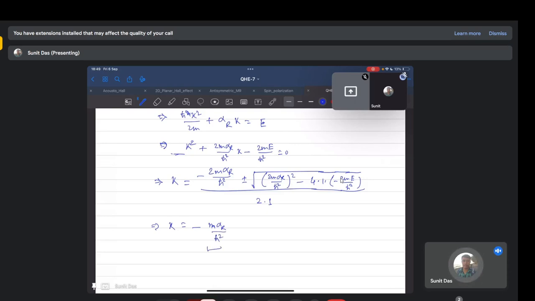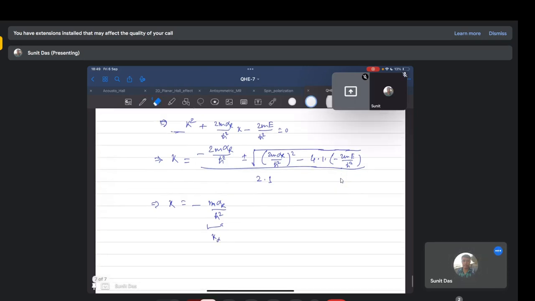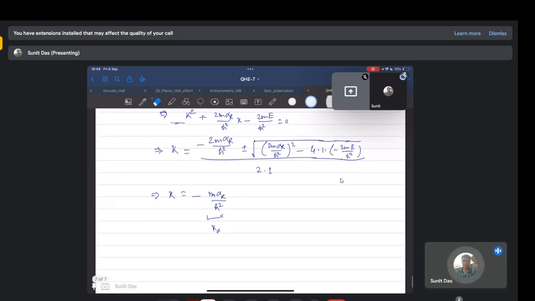This term we sometimes call k alpha, which is related to the spin orbit coupling strength alpha. I'll tell what it really means, but for now let's not write that.